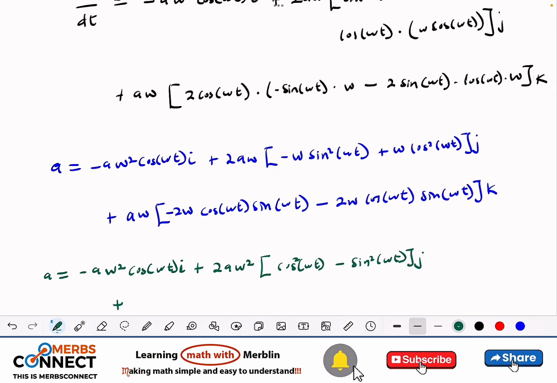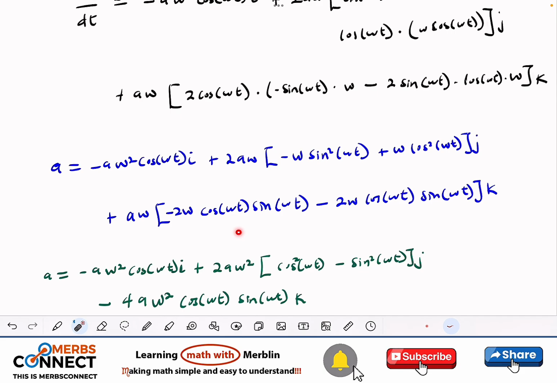Then plus, when I add this and this, I'm going to have minus 4 omega cos omega t sine omega t.